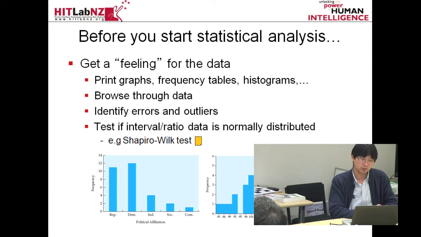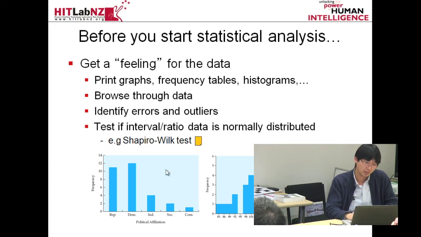It's especially important to check if your data is interval or ratio data. It's also important to check if the samples are normally distributed, because depending on whether it's normally distributed or not, the statistics tool you use might be different.